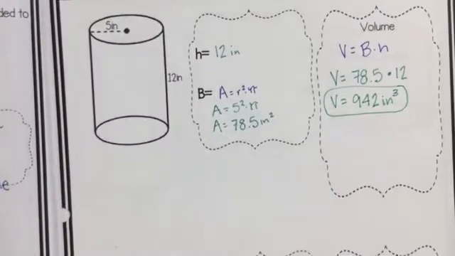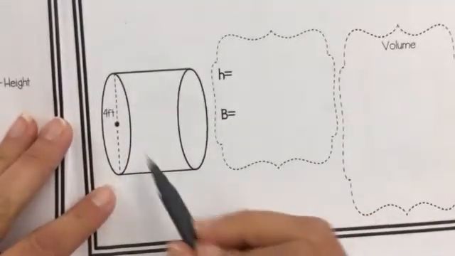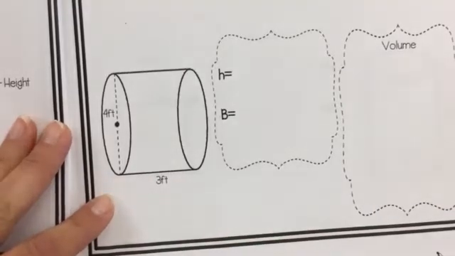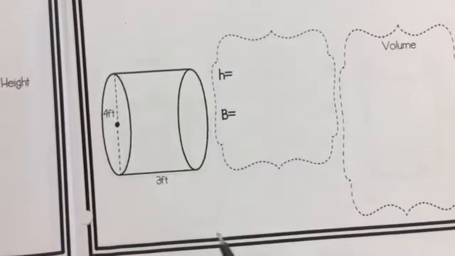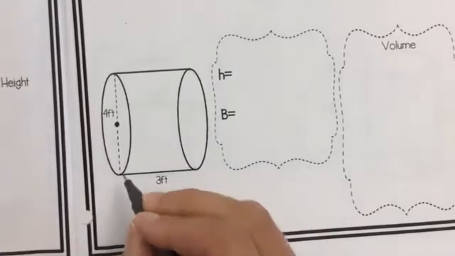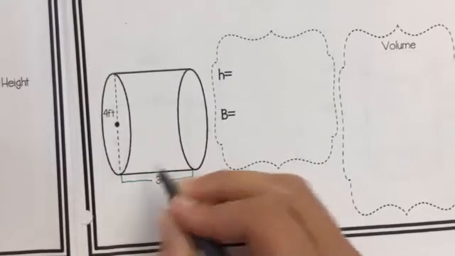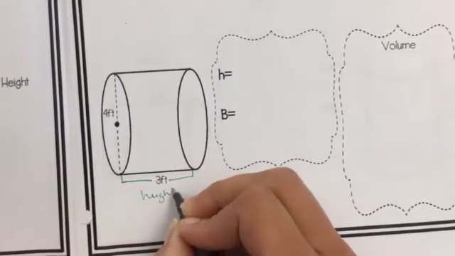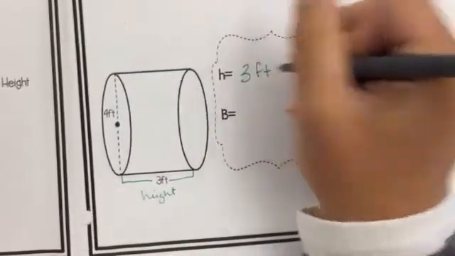So let's do our next cylinder. Our next cylinder has a height of what? Oh, that's where they're going to trick you. 2. No. 3. 3. Remember the height is the distance between the bases. Oh, you're talking about the height of it. The height. No, the height. So our height on this shape is 3 feet.